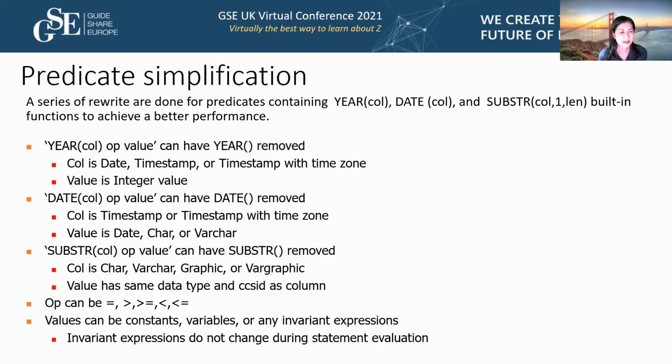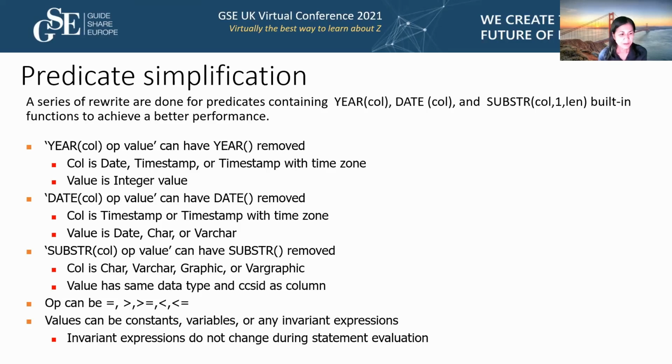In the case of the DATE function, if the input argument to the DATE function is a column and the type of this column is timestamp or timestamp with time zone, and the value is a date, char, or varchar, the DATE function may be removed. For the SUBSTR built-in function, if the input argument to the SUBSTR function is a char, varchar, graphic, or vargraphic, and the value has the same data type and CCSID as the column, the SUBSTR function may be removed.